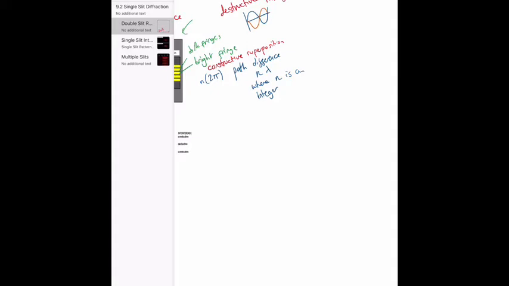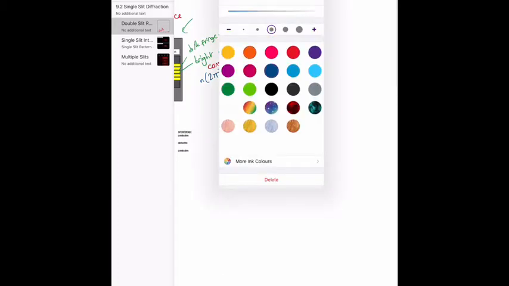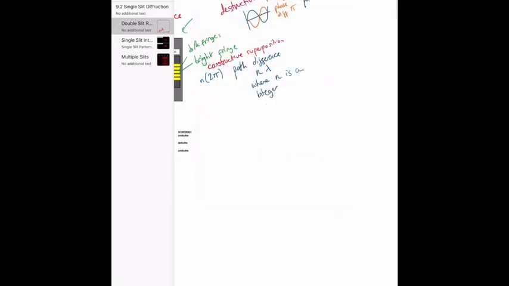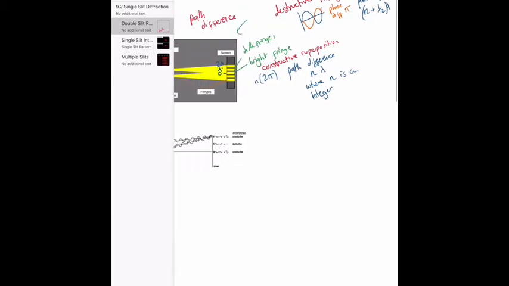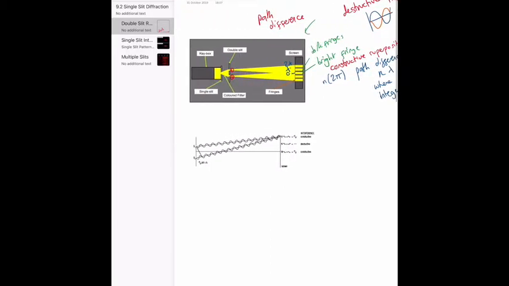They've got a phase difference of pi radians. But when we're talking about path difference, it needs to be a multiple of half a wavelength. So we say the path difference is n plus a half lambda, again when n is an integer, and then I'll get destructive superposition.